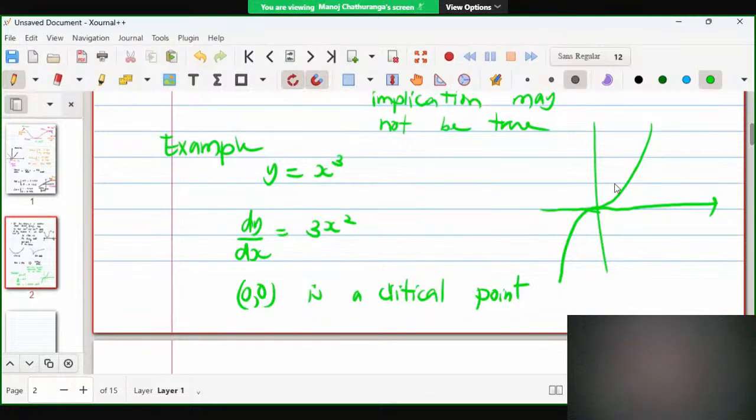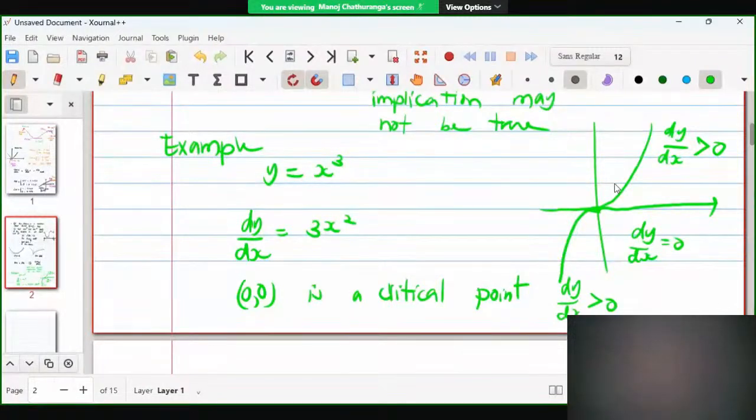Before the critical point, derivative is positive. And right at the critical point, derivative equals 0. And after the critical point, derivative is again positive.